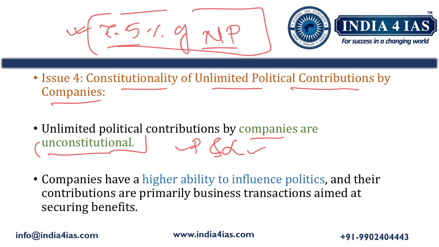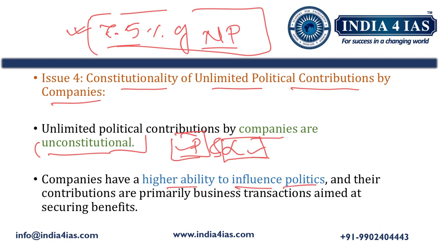There is a logic that companies which are in profit can donate to political funding. So how can a company which is in loss donate to political funding? This creates issues like money laundering and black money circulation in political funding via shell companies. The court also said that companies have a higher ability to influence politics.